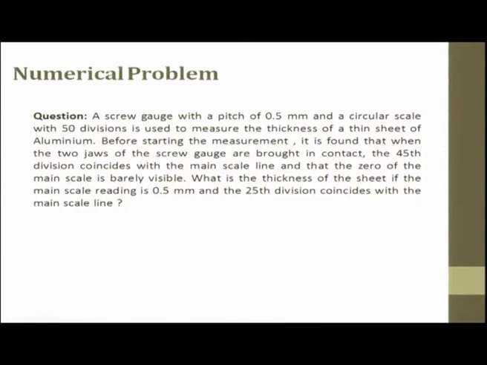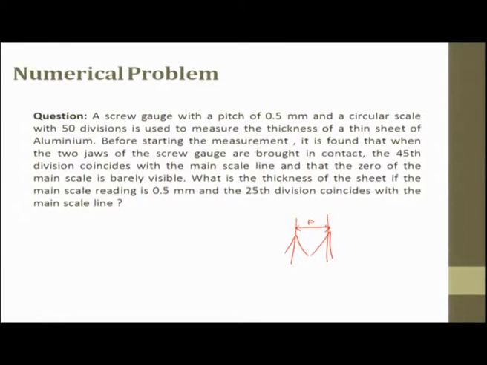A screw gauge with a pitch of 0.5 millimeter. Pitch is this, the distance between two consecutive threads, called pitch P. The pitch is 0.5 millimeter, and a circular scale with 50 divisions is used to measure the thickness of a thin sheet of aluminum.